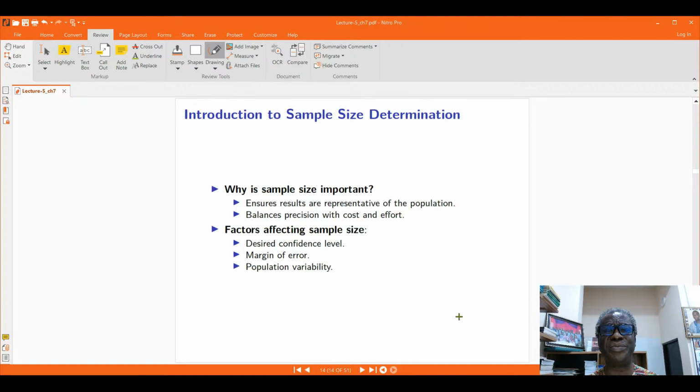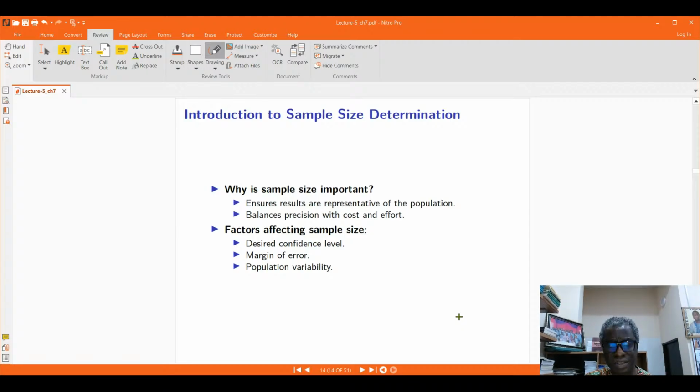So let's go to the lecture proper. Let's start with the introduction to sample size determination. And the question we want to ask ourselves is, why is this so important? As mentioned earlier, sample size plays a vital role in ensuring that our results are representative and reliable.